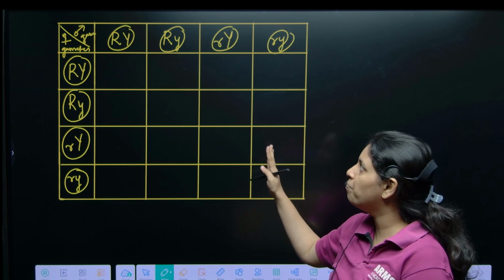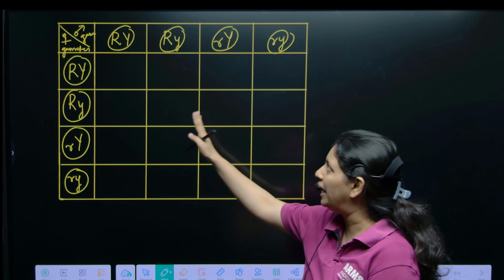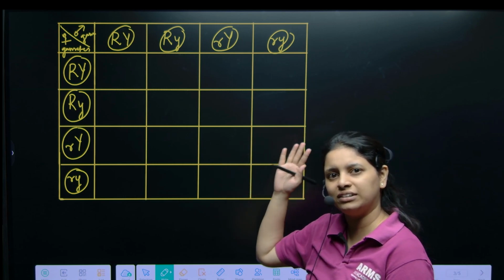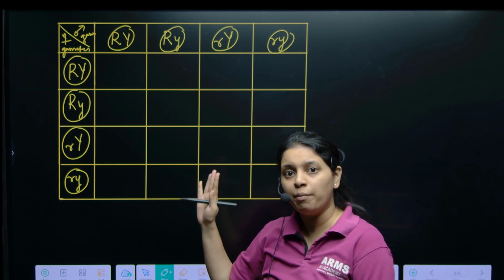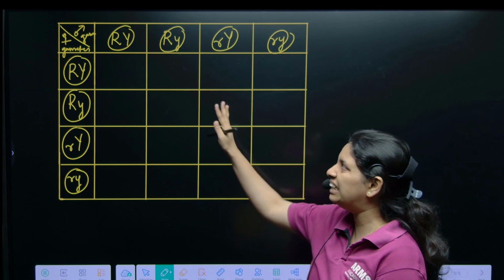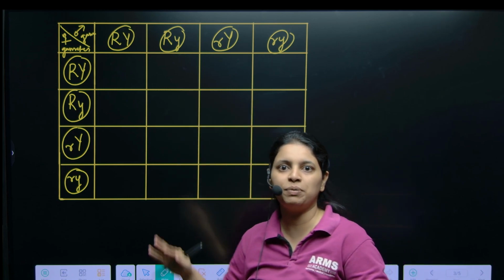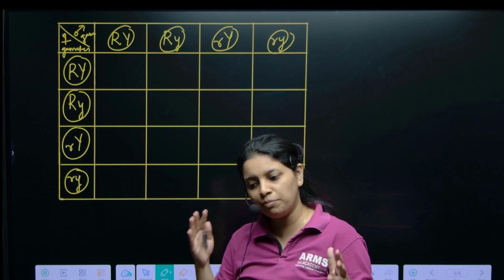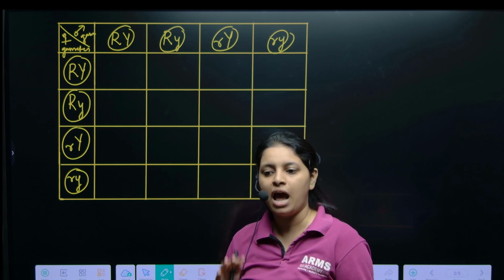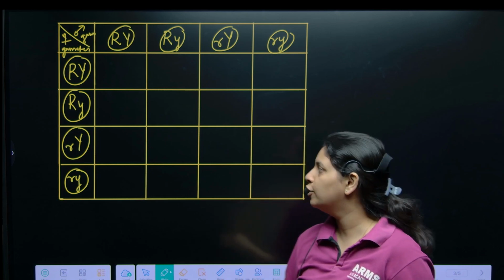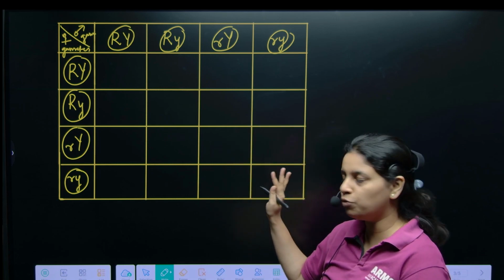So, make it a habit to write gametes in this sequence. It doesn't matter if you don't, you will get the same ratios in the offspring. But if you write the gametes in this sequence, then the offspring will show a specific pattern, and it becomes a lot easier to remember how many are homozygous and how many are heterozygous offspring. When we write all the genotypes, you will understand this.